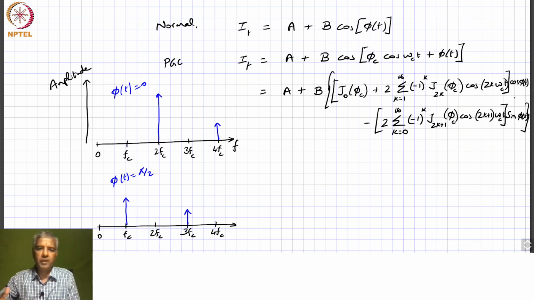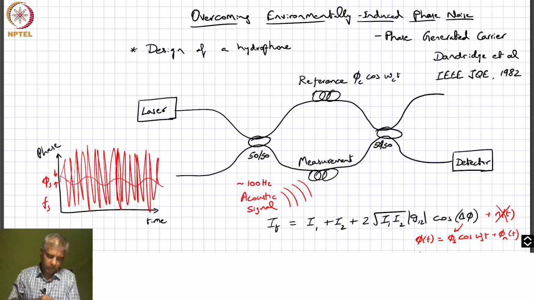Okay. So, that is what we did previously in quadrature detection. So, you are quite familiar with that from that perspective. Okay. However, the problem does not end there, because if you go back and look at it, this phi of t has both phi s as well as this noise. Okay.